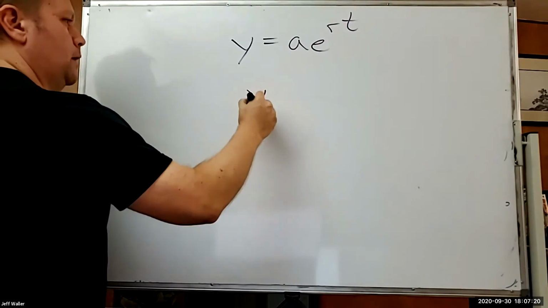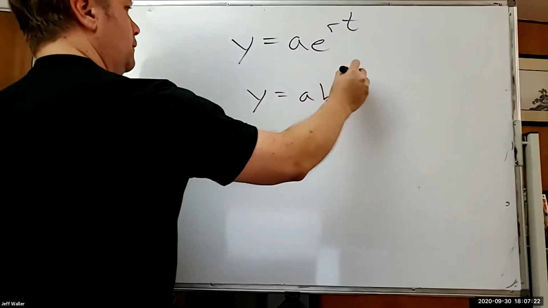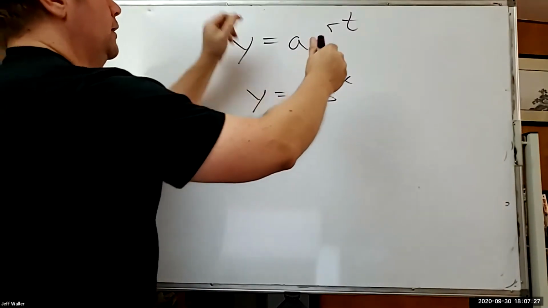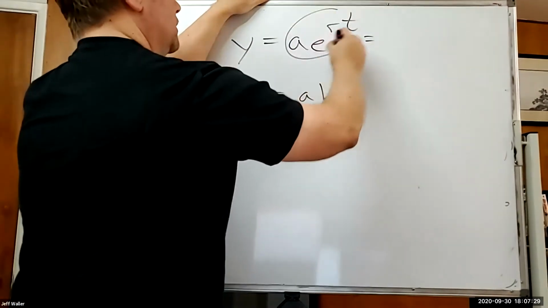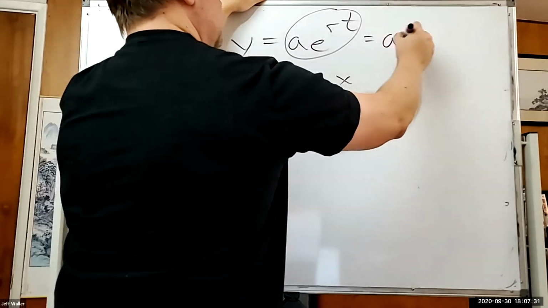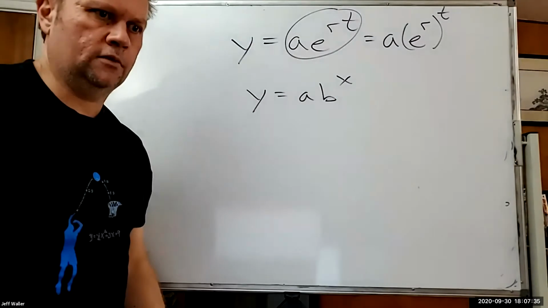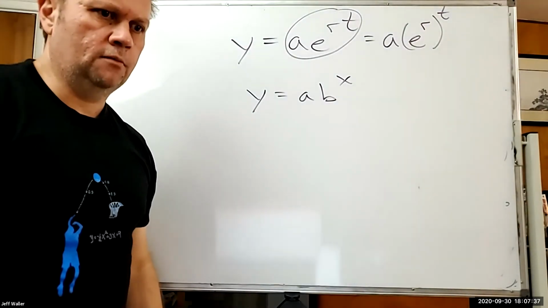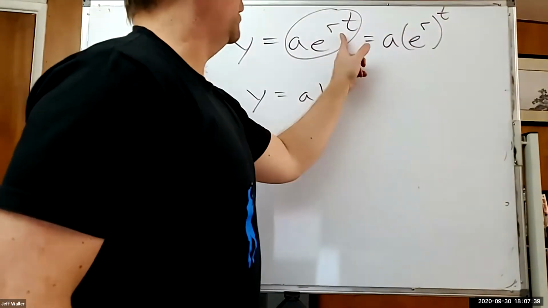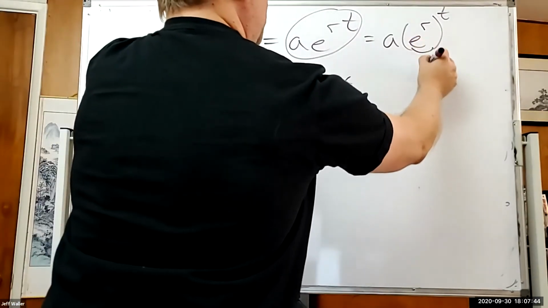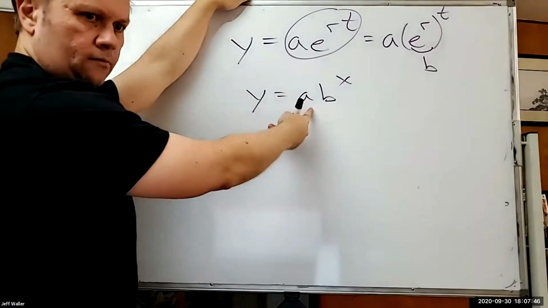So you have these possibilities here, right? How can I rewrite this? Do you guys see how I can rewrite this as this? Does that make sense? Because what would I do with those? I would just multiply, right? So do you see how if I call this B, that is basically this?